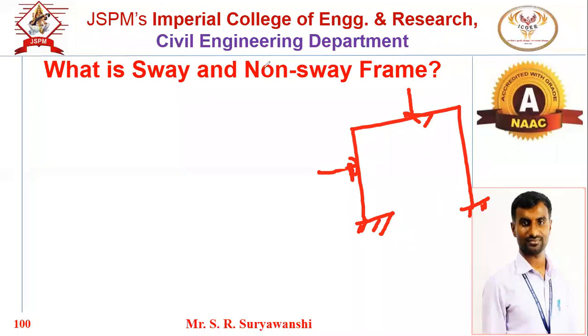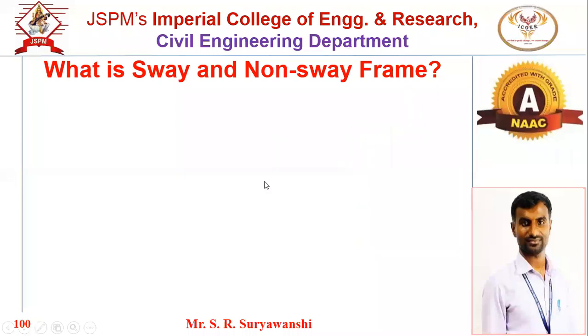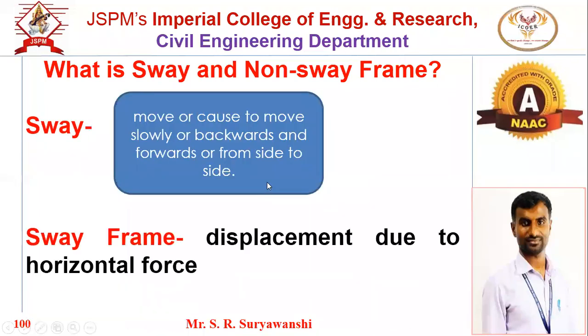In a frame, horizontal displacement is possible due to horizontal loading, so we can conclude that a sway frame is nothing but displacement due to the horizontal force, and that displacement is the horizontal, or side to side, displacement. Okay, so that is the basic meaning of the sway frame.